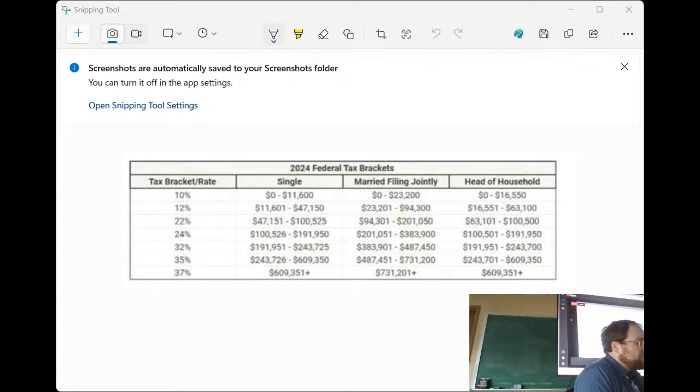Yeah, 76 minus HSA, yes. Oh wait, that's the question. $2,271.8.